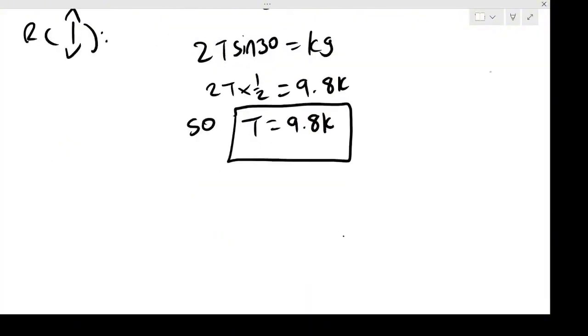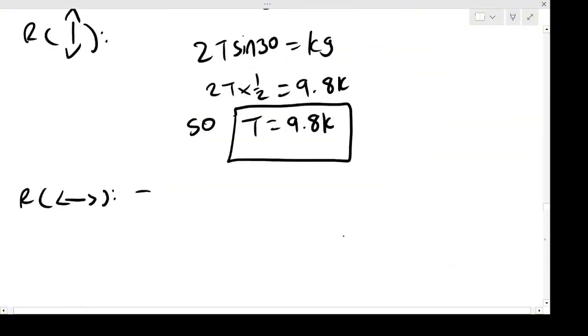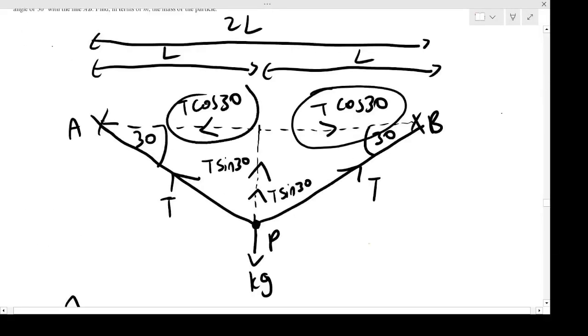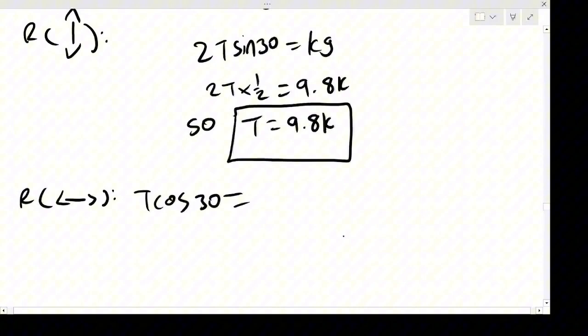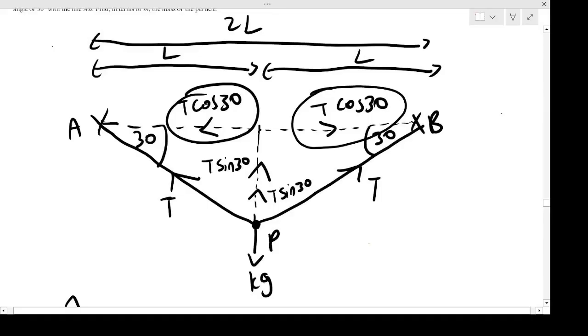And then we can look at resolving right and left, so horizontally. The force on the right is T cos 30. That's going to equal the force on the left here, which is also T cos 30. Well, that doesn't help us. It doesn't tell us anything. But it does tell me my forces are labelled right, which is great to know.